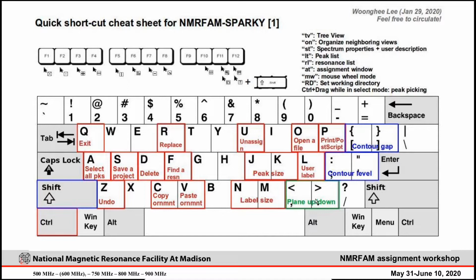So like I said, ZU and ZD could be replaced by comma and dot. So it looks more natural, as the greater than and less than marks will tell you which plane you are going. Okay, we will get to that point. We will use this quick shortcut.